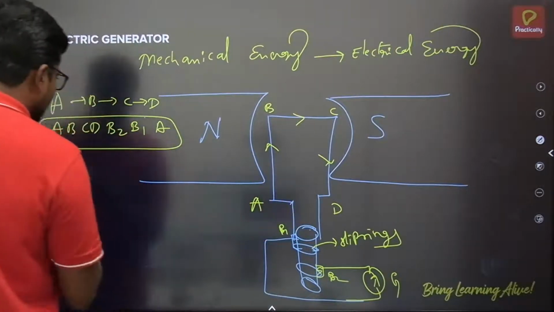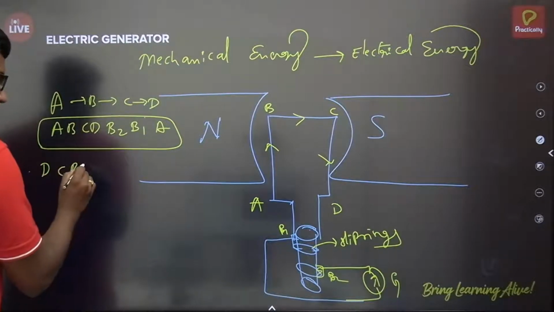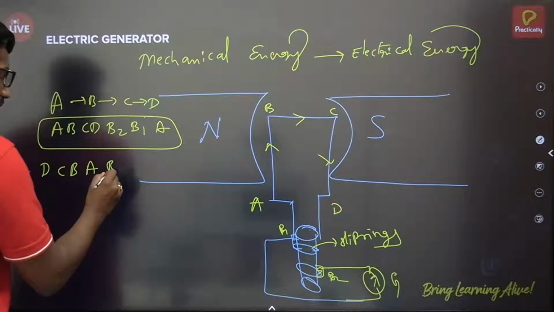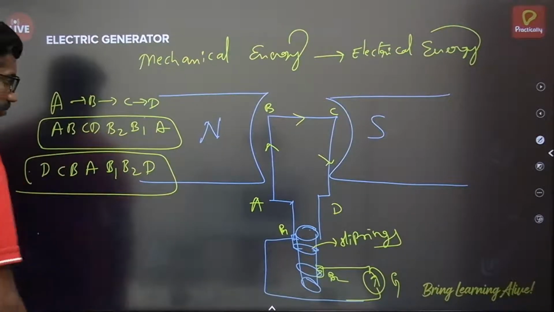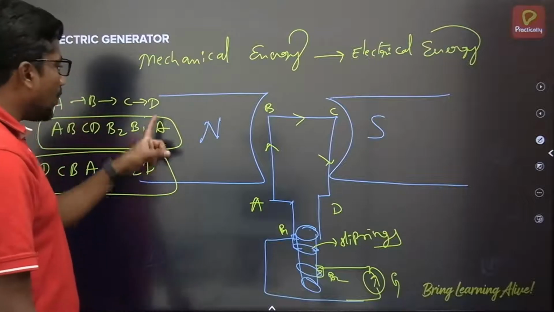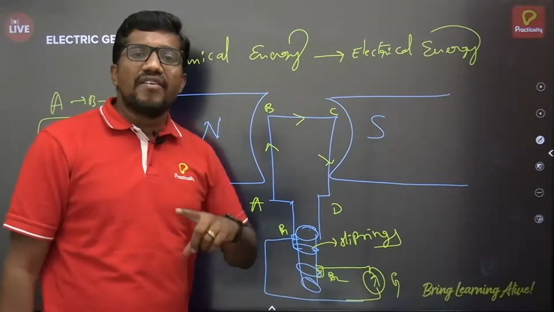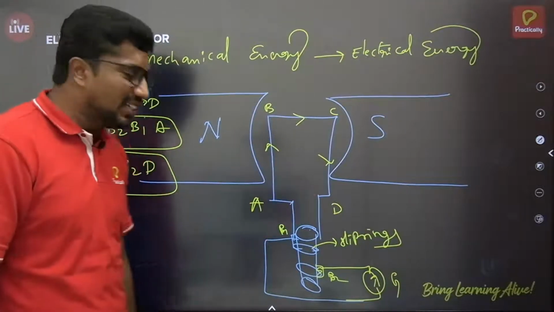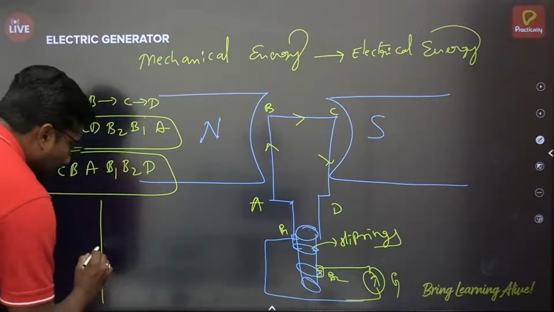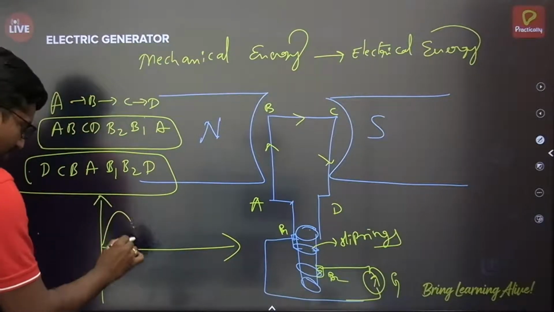If CD comes this side, the current goes D, C, B, A, then B1, B2. So it is just opposite to the direction of current flowing in the first half rotation. So for every half rotation, the electric current induced in the coil changes direction. The final output wave of the electric AC, you will get like this.